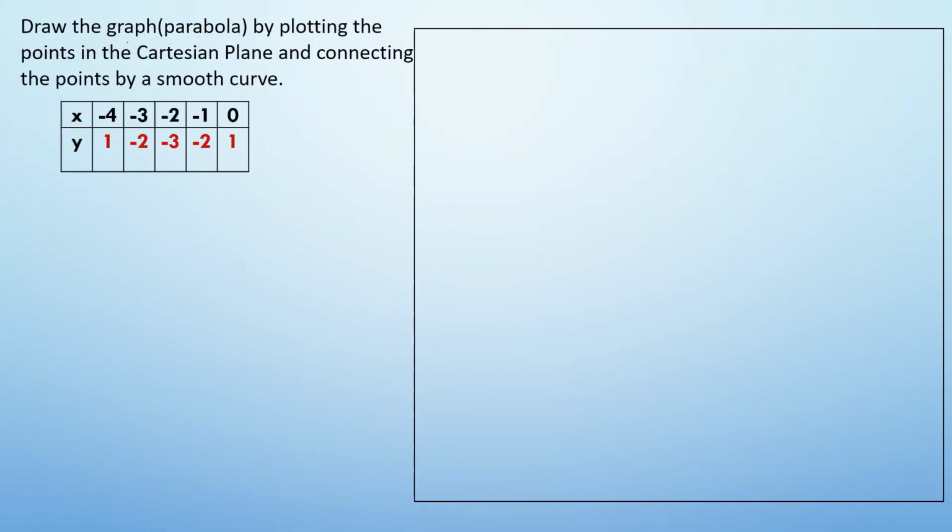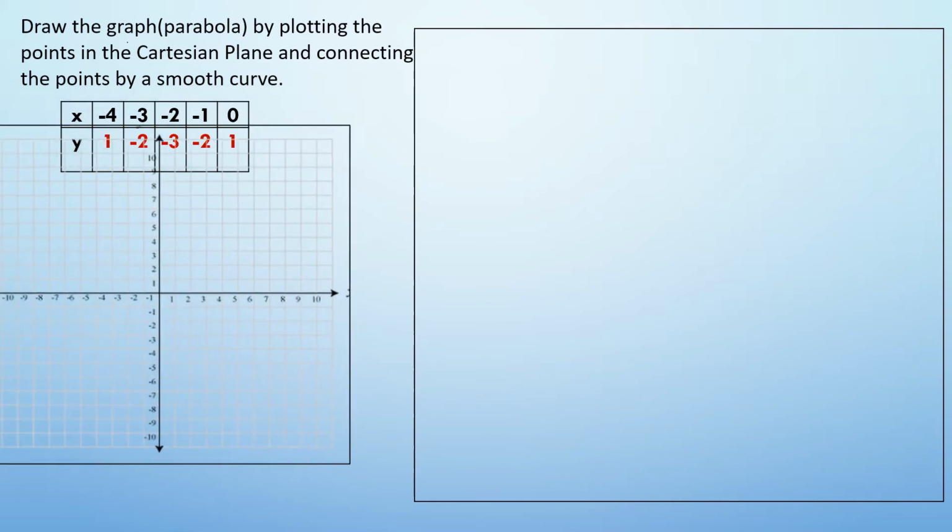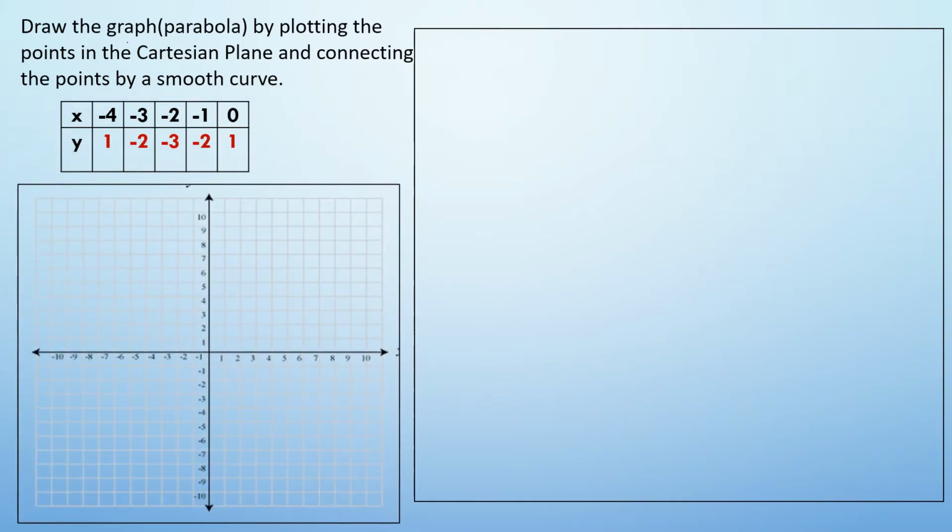Now, we will draw the graph or parabola by plotting the points in the Cartesian plane and connecting the points by a smooth curve. So we have negative 4, 1. Next we have negative 3, negative 2.